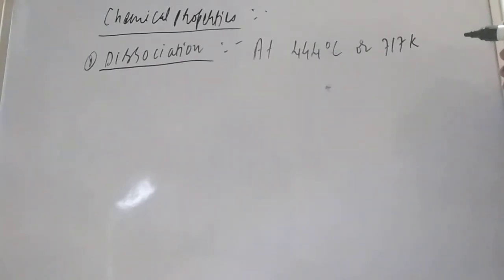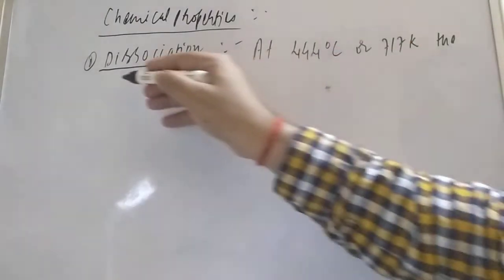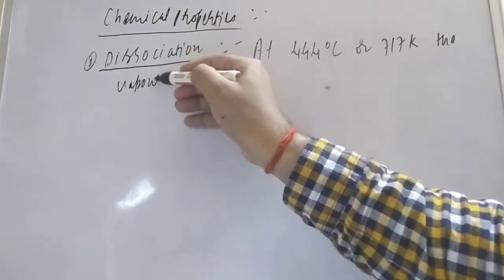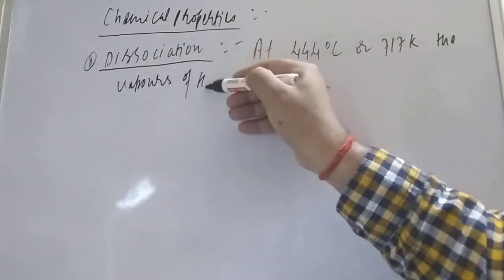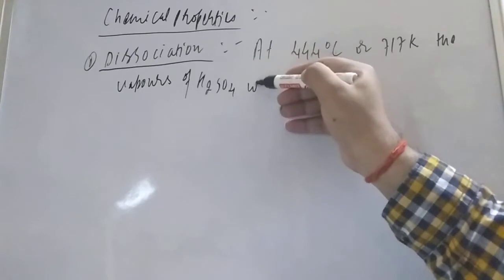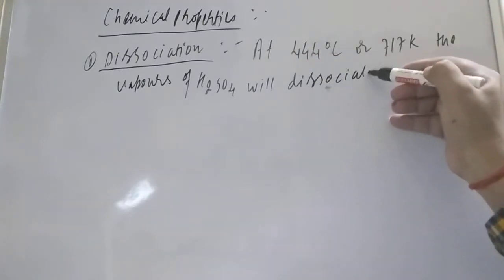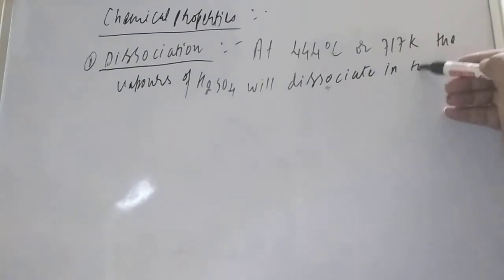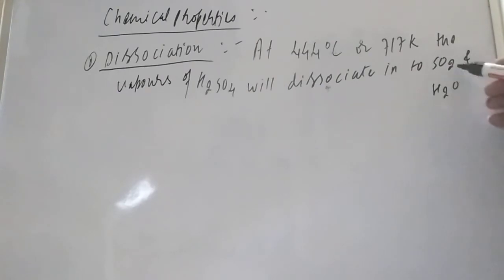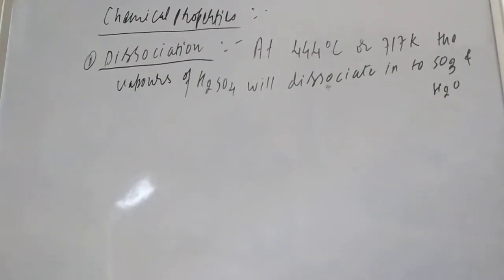The vapors of H2SO4, what will happen? The vapors of H2SO4 will dissociate into what, student? Into SO3 and water, because they are prepared from SO3 and water, and similarly at high temperature they can also get broken into the same.